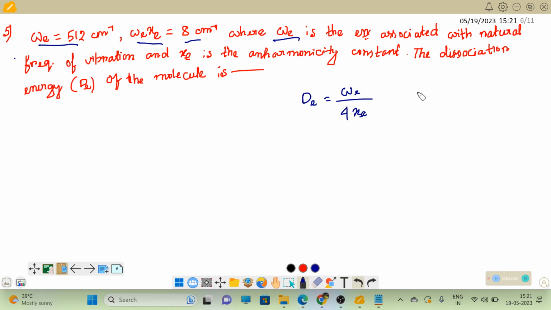And there is another term, D, which is called the centrifugal distortion constant, that is different.